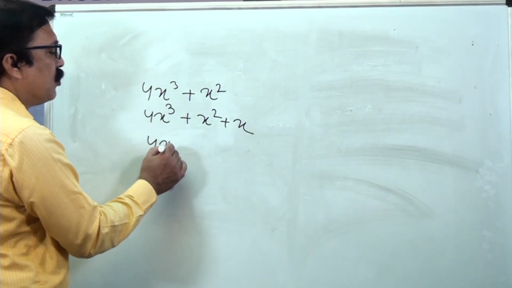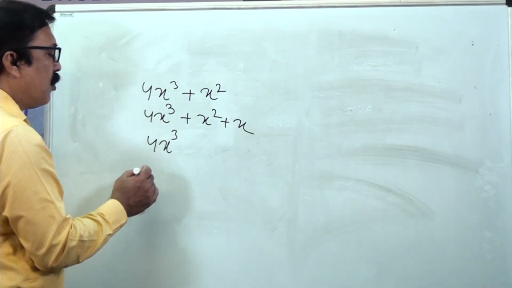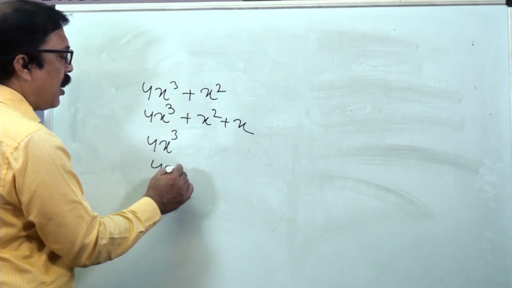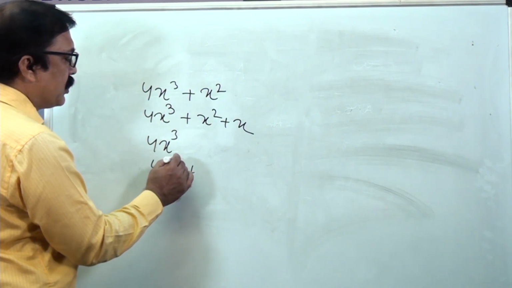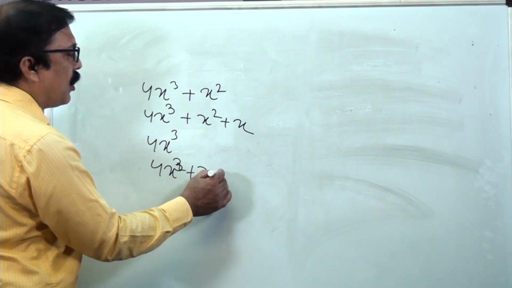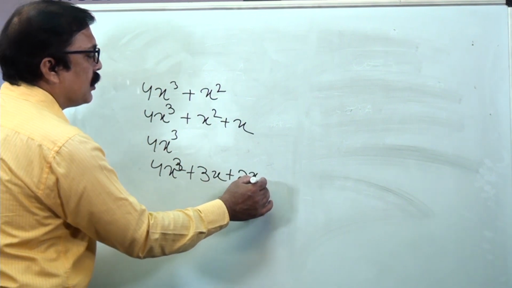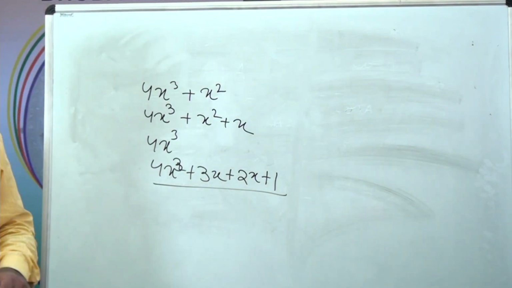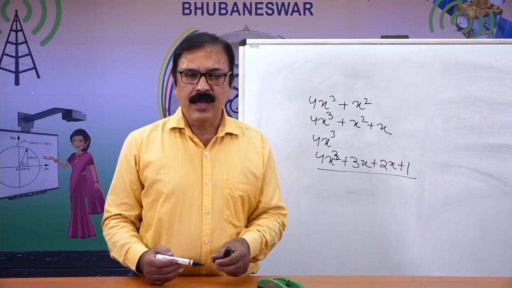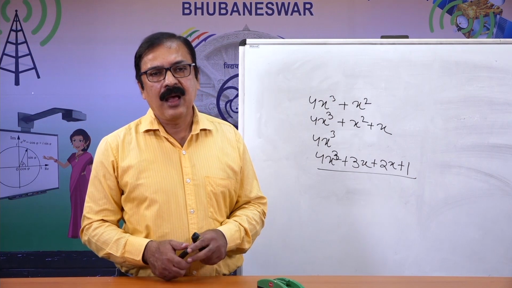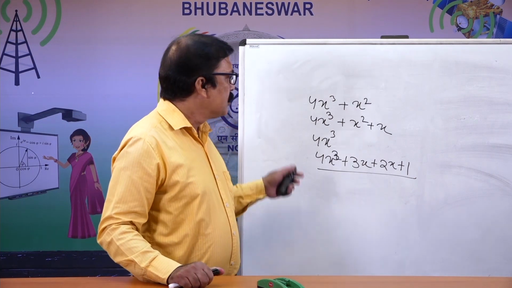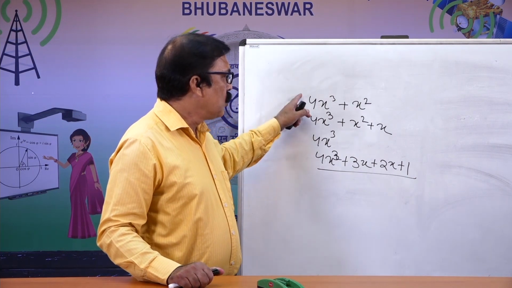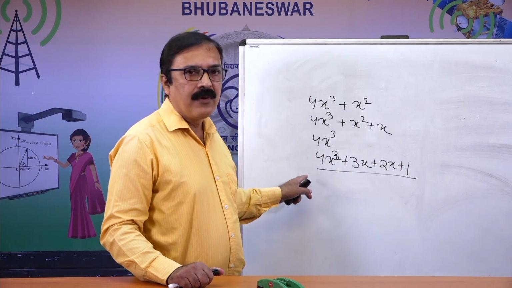Only 4x cube is a cubic polynomial, and 4x cube plus 3x square plus 2x plus 1 is also a cubic polynomial. So the number of terms can be 1, 2, 3 or 4.